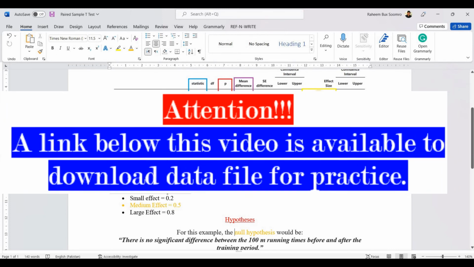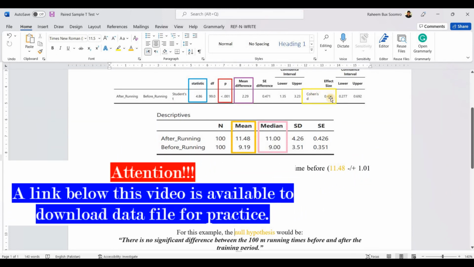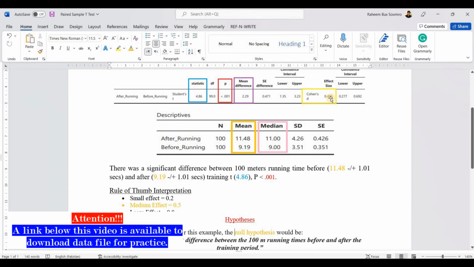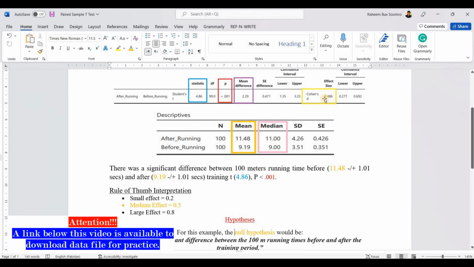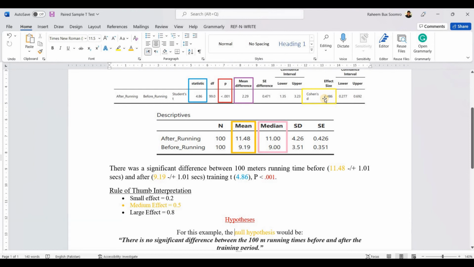The rule of thumb is basically what we use for Cohen's d, which checks the effect size. Right now it is 4.486. We have three categories in the rule of thumb to understand the effect of Cohen's d. If the value of Cohen's d is less than 0.2, it means there is no effect.